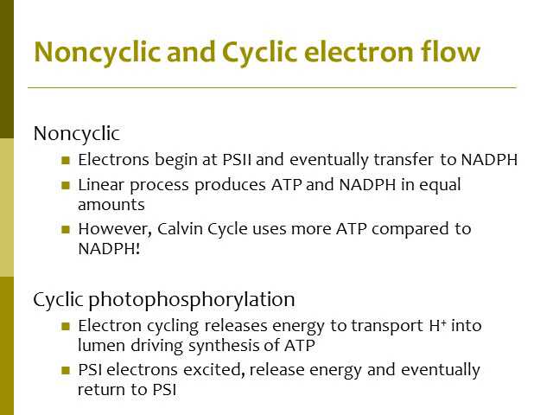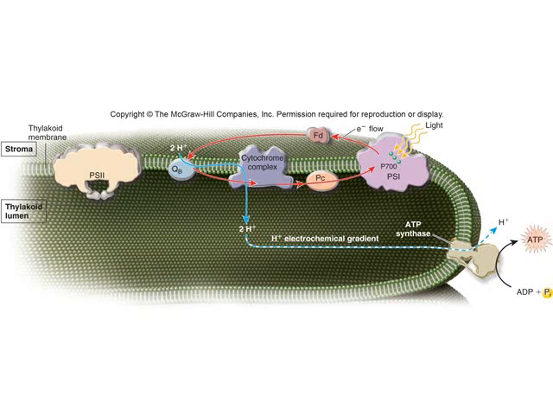The more hydrogens you pump across, the more ATP you can synthesize using the enzyme ATP synthase. So when the electrons get to photosystem 1, they're excited by a photon of light. They release energy, they go back a little bit, not quite all the way to the beginning, and eventually they return to photosystem 1. I'm going to show you that right here.